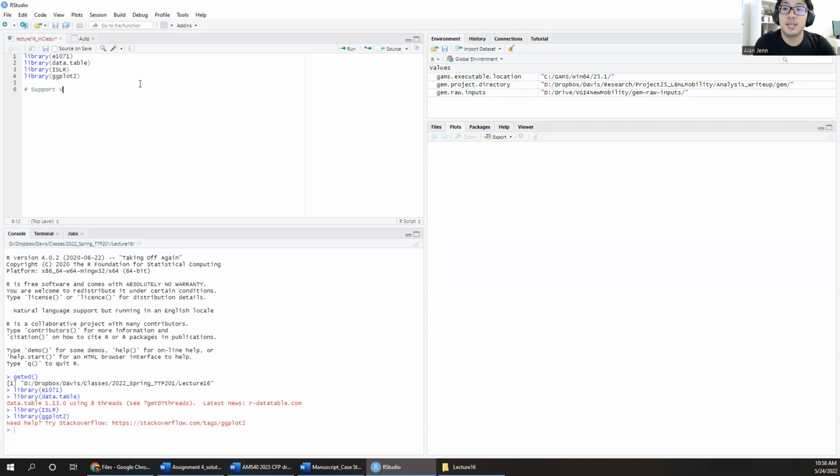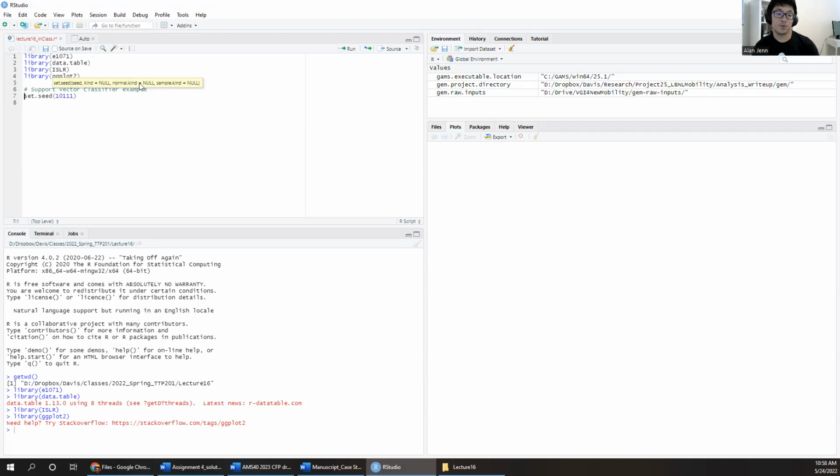And let's look at a support vector classifier. When we do some kind of random draws, you can use a function called set.seed.